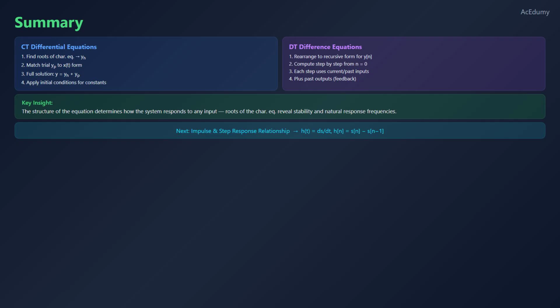For discrete time systems, difference equations lead to recursive computation. Each output sample depends on past outputs and current and past inputs. Both approaches capture the same fundamental idea. The structure of the equation determines how the system responds to any input. In the next lesson, we'll connect this to the impulse response and step response.